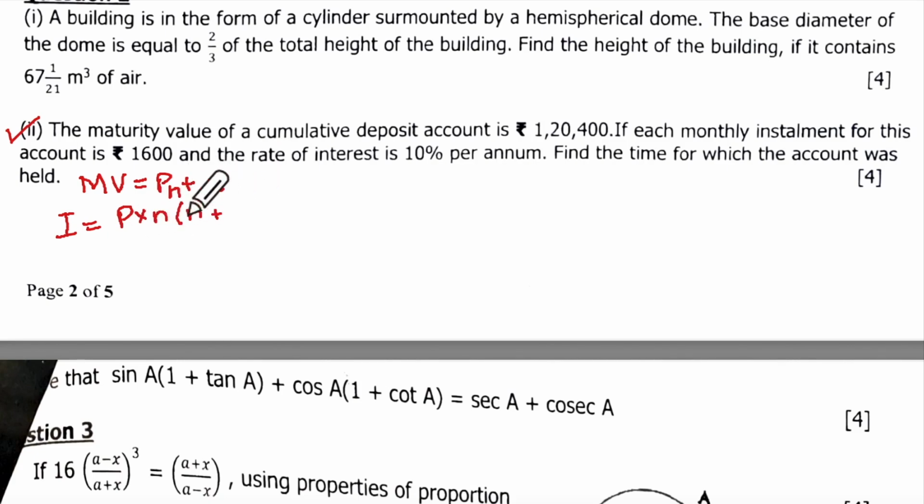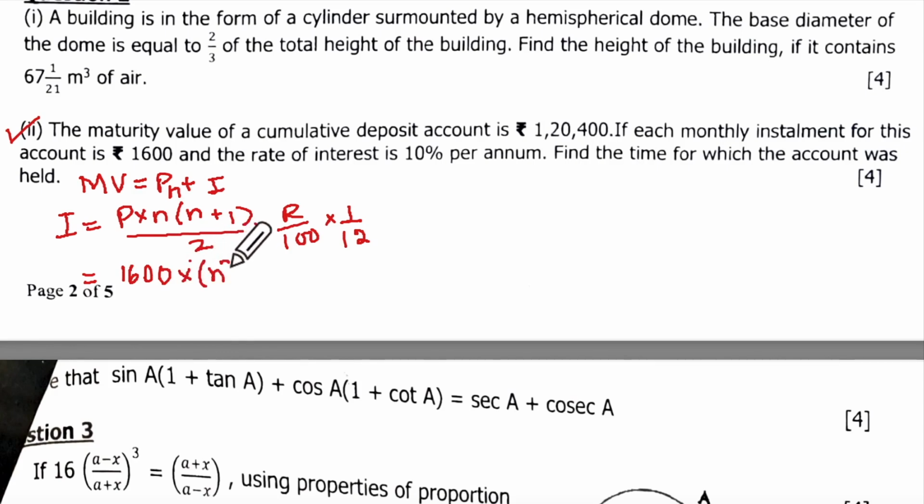So principal is 1600 into N is how much? We do not know. So we will make it as N square plus N. Now many of you, when you multiply this, you're not putting the bracket.